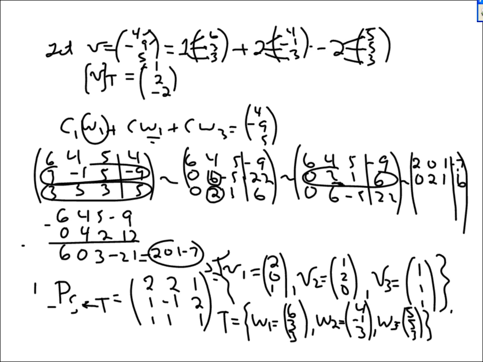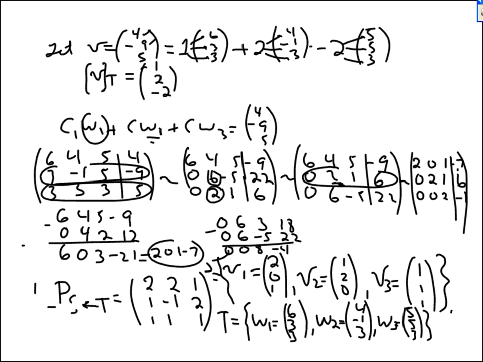Now, I'm going to triple the second row: 0, 6, 3, 18. And I'm going to take away the third row from that. And I get 0, 0, 8, negative 4. And I'll divide by 4. So I get 0, 0, 2, negative 1.